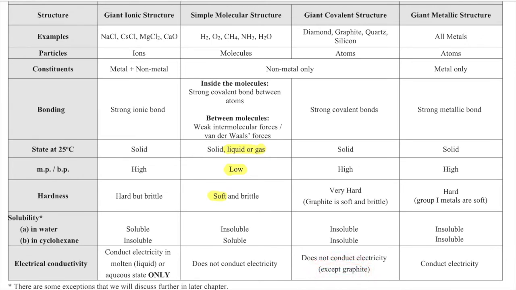But the rest of the covalent substances do not conduct electricity in any circumstances. If we take a look at the giant metallic structure, it can conduct electricity at standard state. But the giant ionic structure can only conduct electricity in molten or aqueous states. So those highlighted parts are the unique properties that can help you identify the substance.